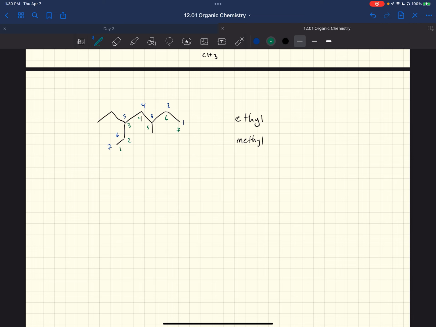So that means that I'm going to end up using the green numbering because that puts this ethyl group at position 3 rather than position 5. Okay, so this is going to be 3 ethyl, 5 methyl, and then it's a heptane. So 3 ethyl, 5 methyl, heptane.